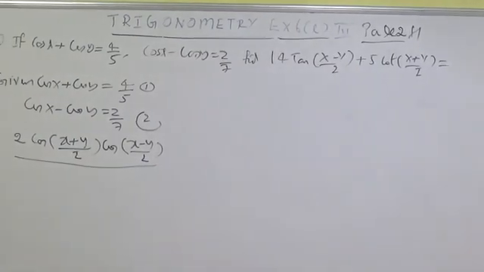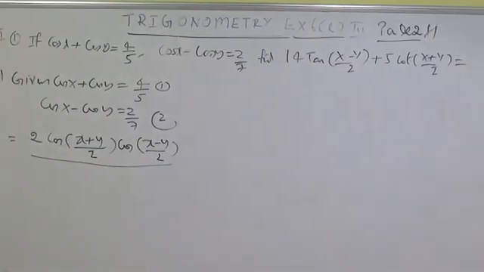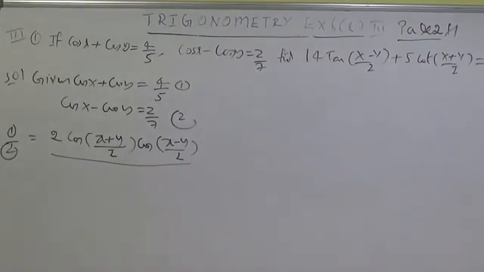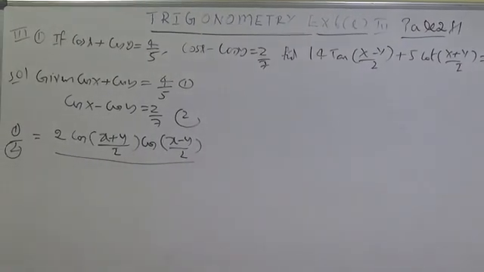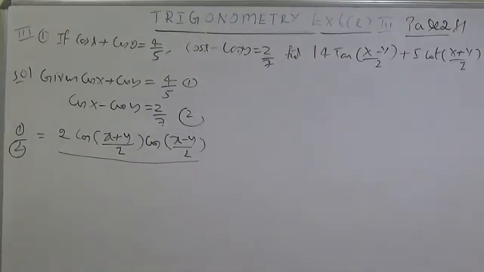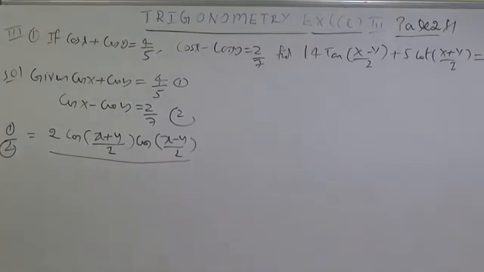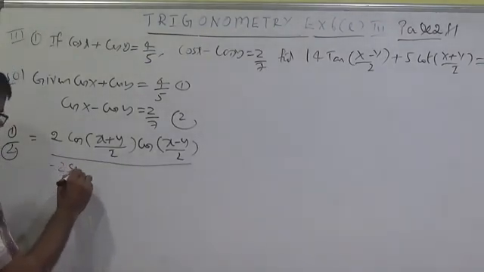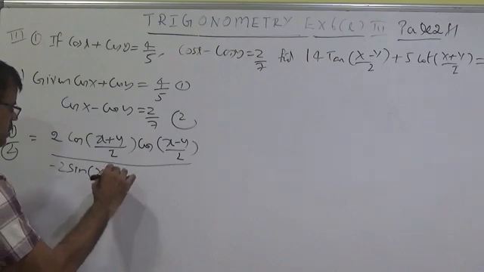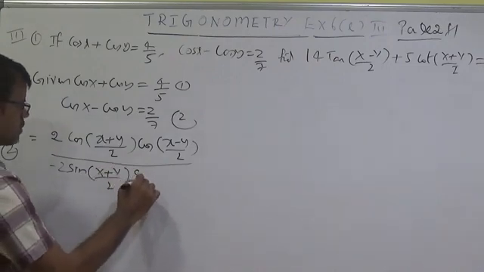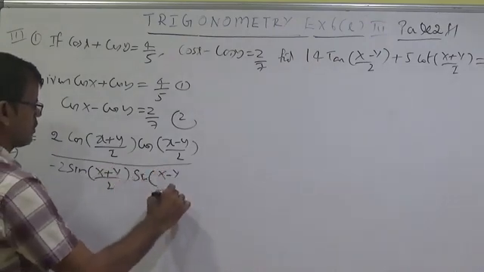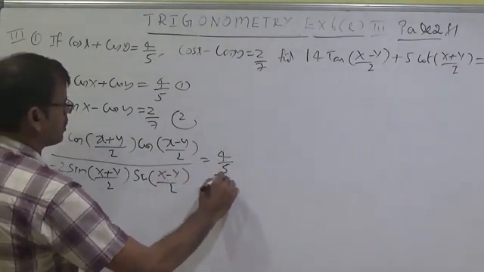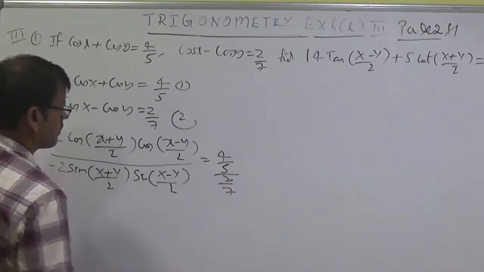Minus 2 sin (x plus y) by 2 into sin of (x minus y) by 2 is equal to 4 by 5 by 2 by 7.